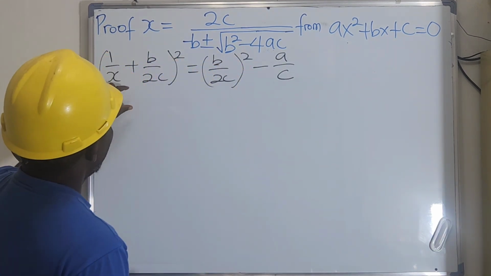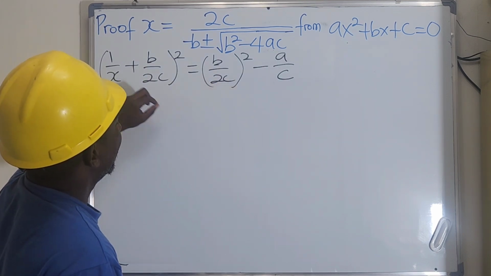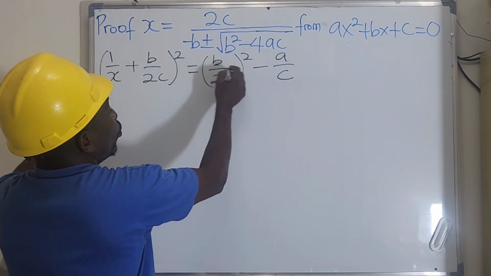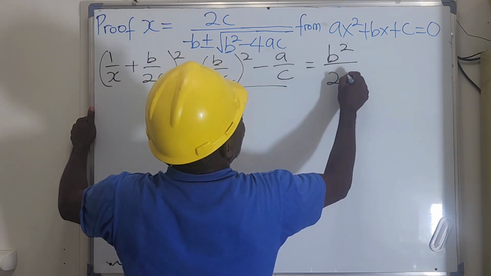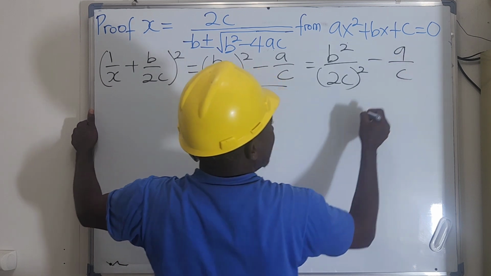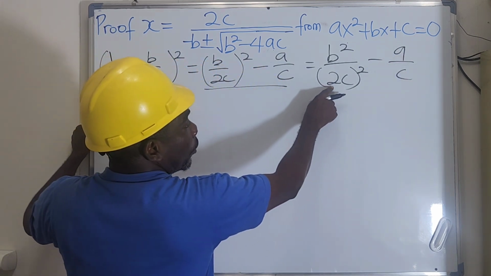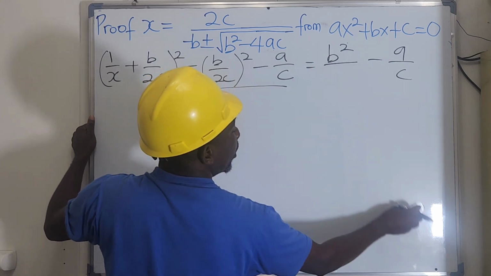So now we have this. Let us concentrate more on this right hand side. So this will become b squared all over 2c all squared minus a all over c. We all know that 2c squared is the same thing as 4c squared.